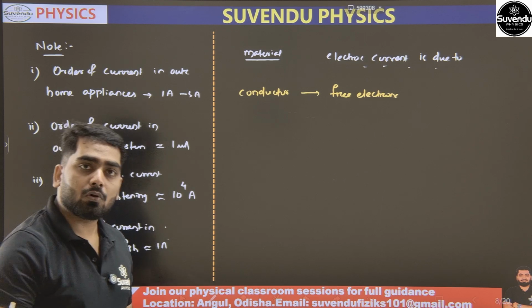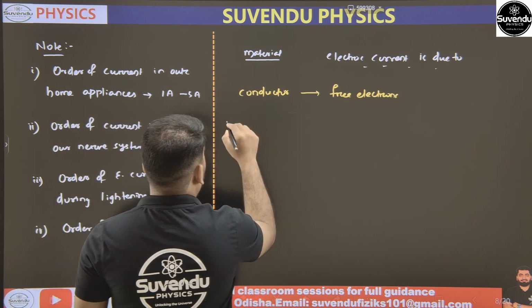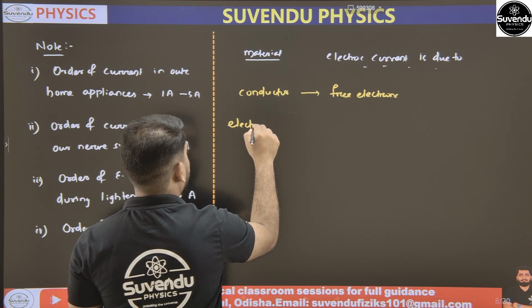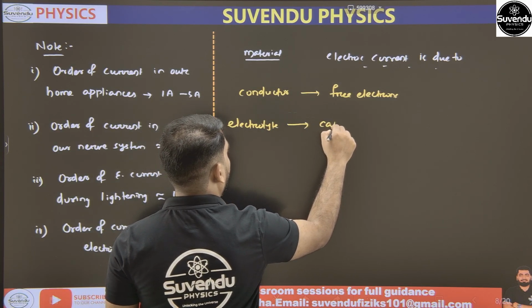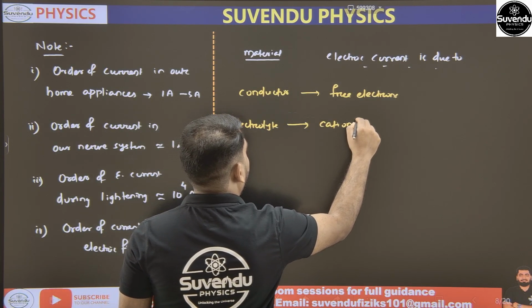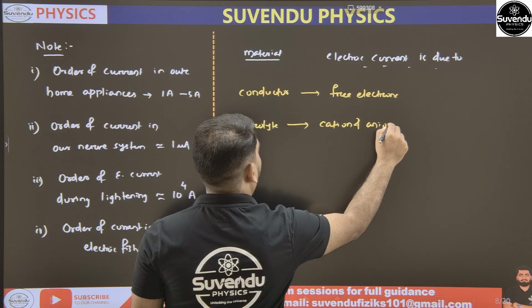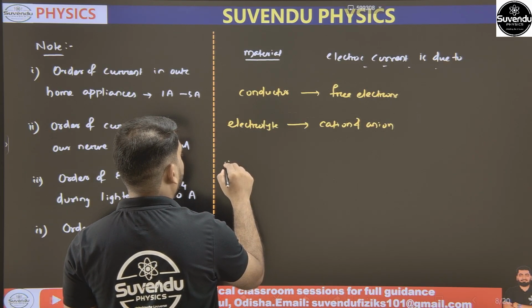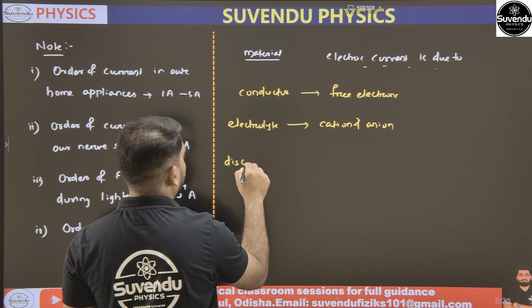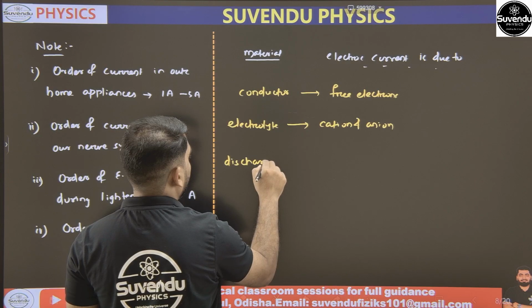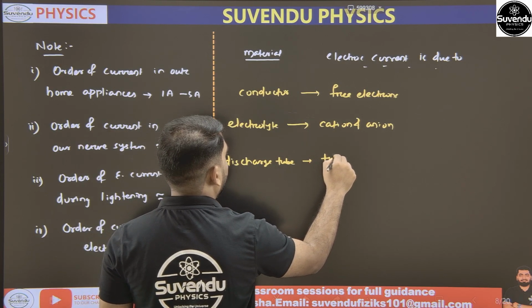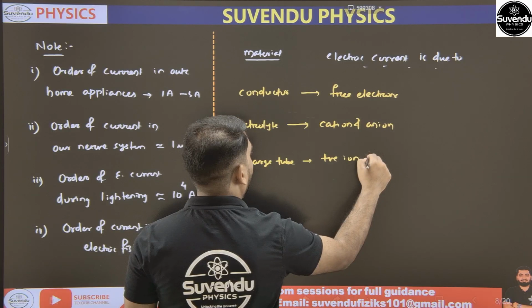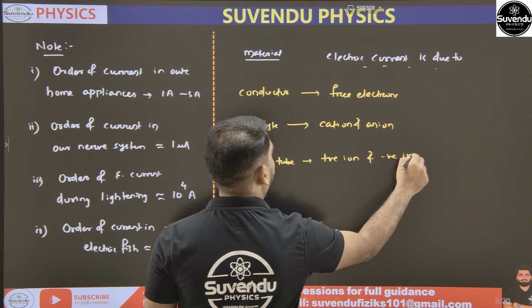In case of electrolyte, current is due to cation and anion. In case of discharge tube, current is due to positive ion and negative ion.